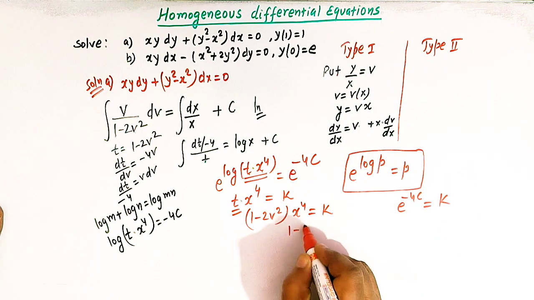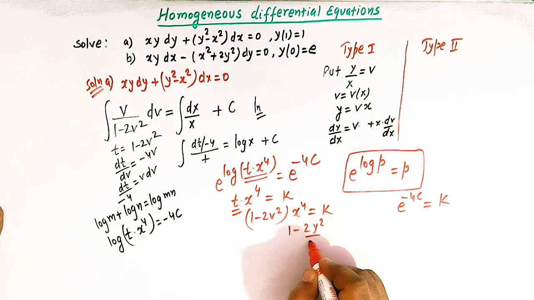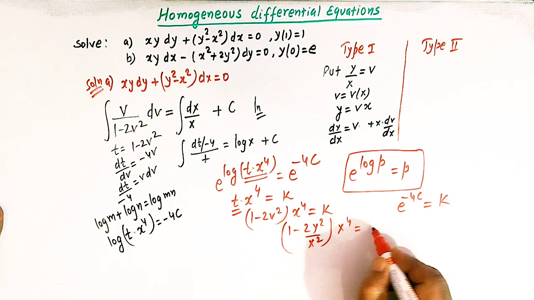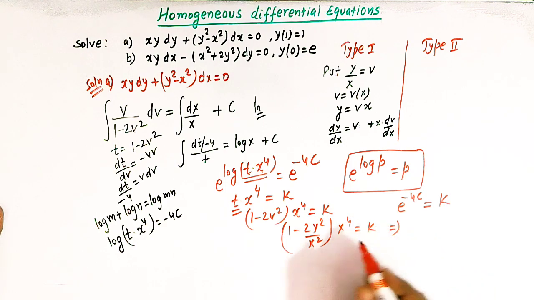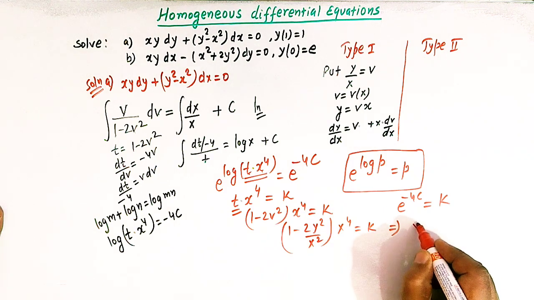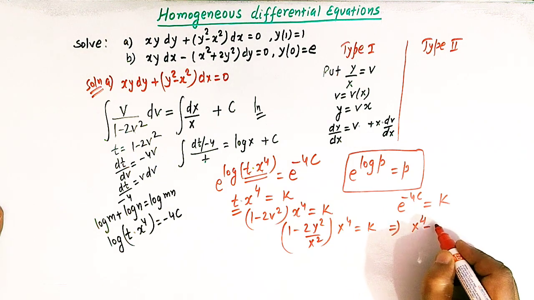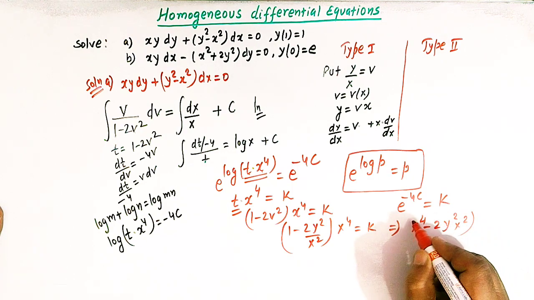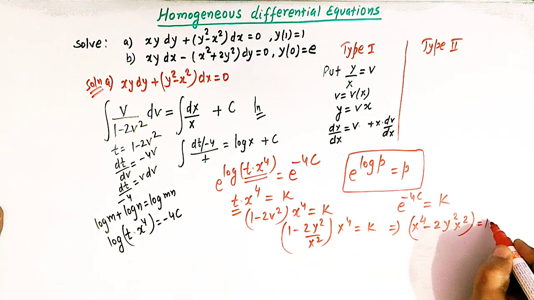So we have 1 minus 2 y square over x square, and here we have x raised to 4 is equal to k, and now multiplying these two terms by x raised to 4, we have x raised to 4 minus 2y square x square, right? And here we have k.